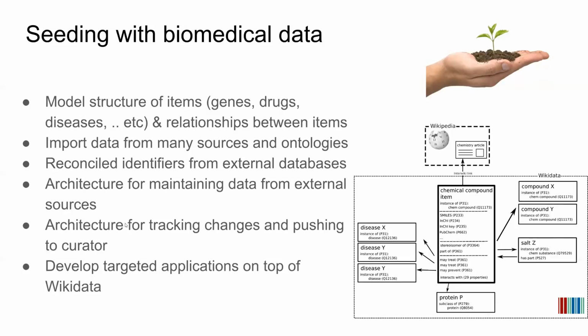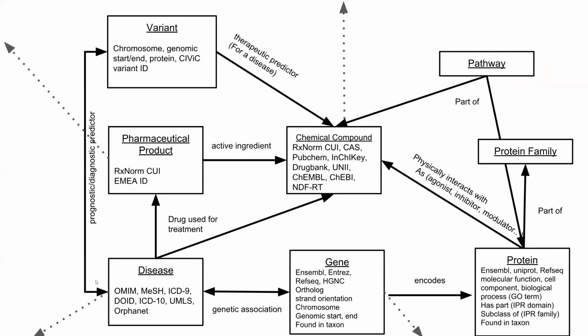I'll talk a little bit about the next couple of things also. This is an overview of all of the biological entities in Wikidata and how they're connected to each other. There's actually more than this, but these are the major ones in a much more easily digestible graph.